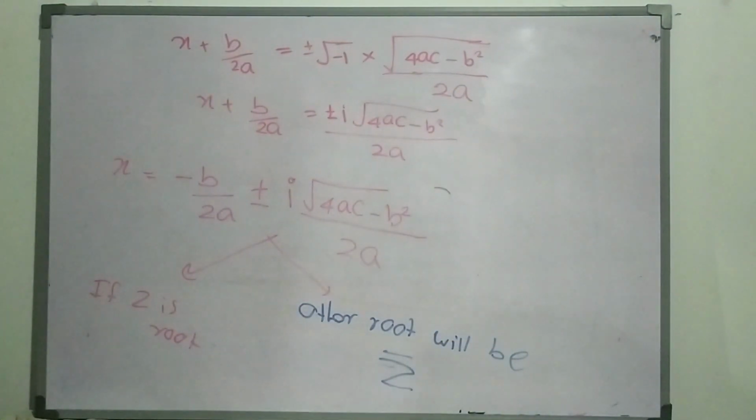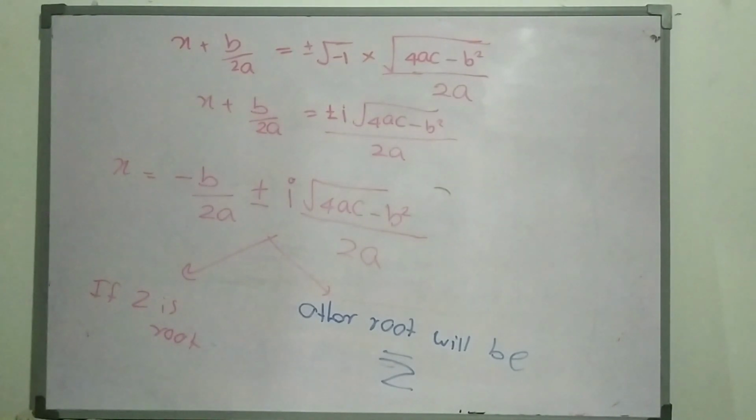So that is why I told you all the time, if z is a root, then z bar will be the other root. That is the nature, right? So in any quadratic equation, if they give one root, you can directly write down the other root, because according to that theory, one complex root is the conjugate of the other.